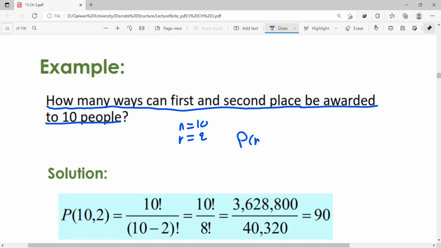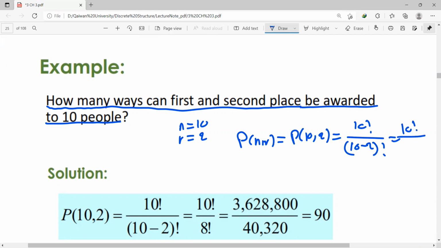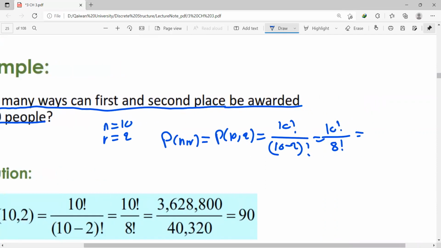That means P of n and r equals P of 10 and 2, which is 10 factorial dividing by 10 minus 2 factorial, which is 10 factorial dividing by 8 factorial. And we can say the numerator is 10 times 9 times 8 factorial.